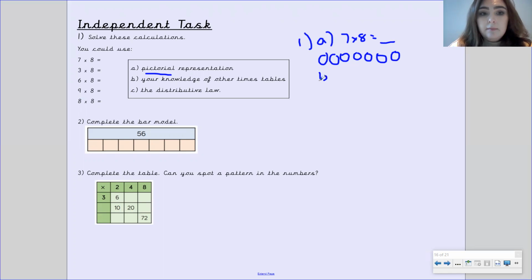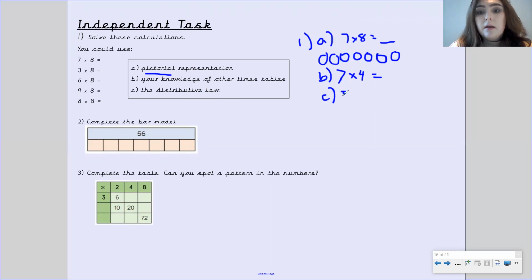Then you need to do B, your knowledge of other times tables. So what you could do here is 7 times 4, and then that gives you the answer, and then you double it. And then C, the distributive law. So this is when we split it up.